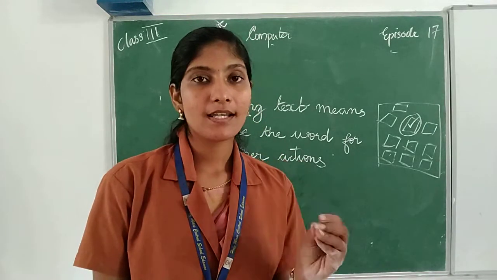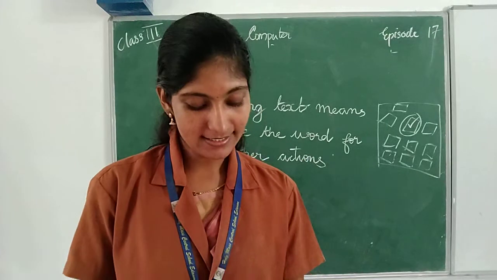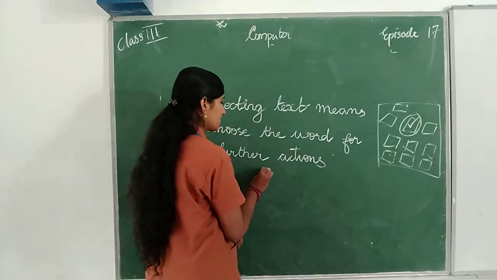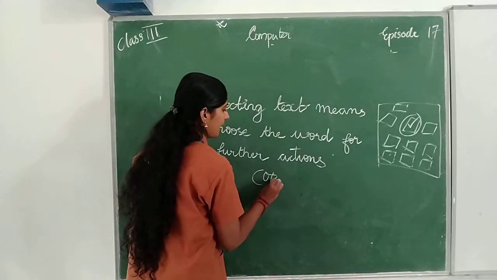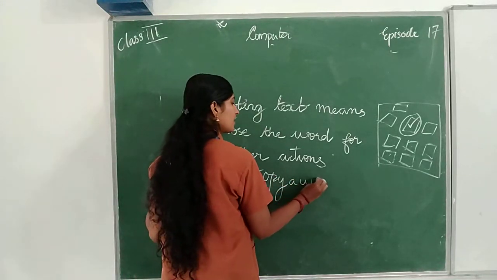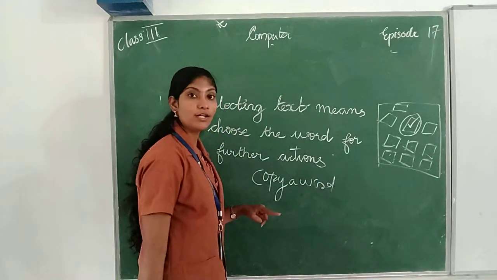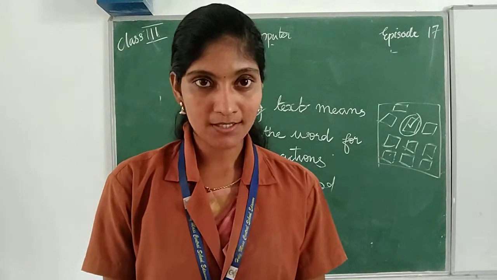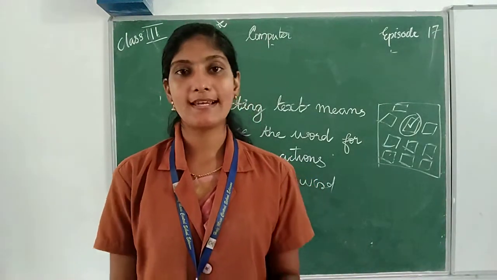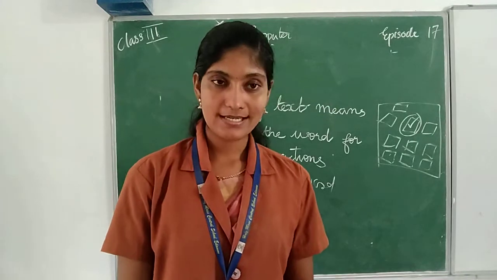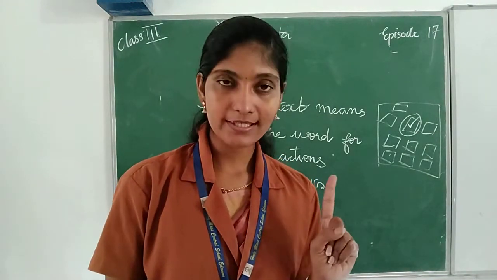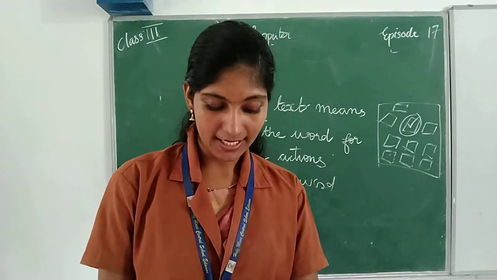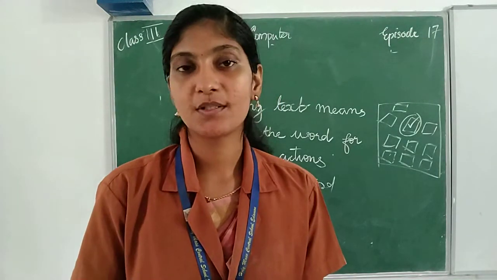To work on a particular word or sentences, you need to select them first. I have already mentioned that. For example, if you want to copy a word, you need to select that word first. Then only you can copy that word, right? So for any particular action, you need to select that word or the sentences first. That's the first rule. And then after selection, the computer will know that you want to work on these particular words.